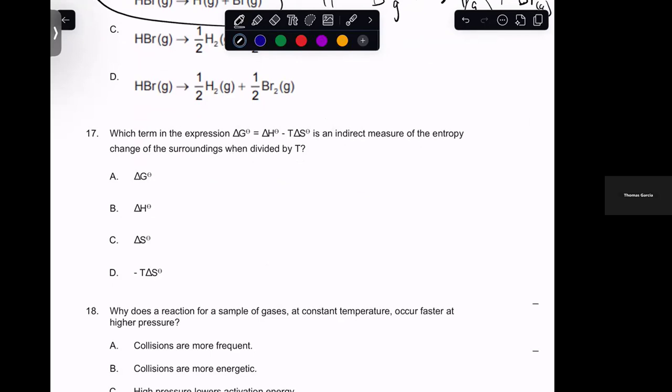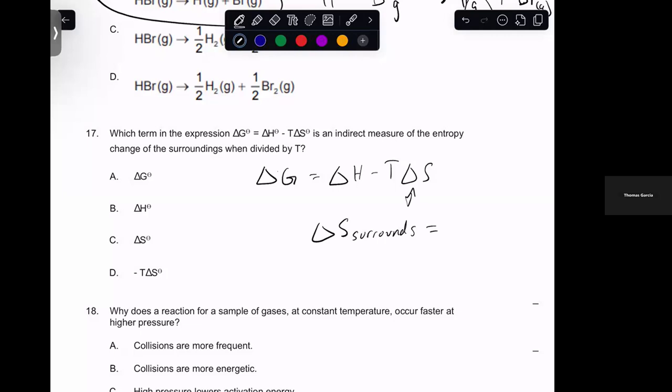So generally what I want to do here is I just want to see what each of them is divided by T. So what I'm going to do is take my equation delta G equals delta H minus T delta S. From this point, we realize that we have to be looking at delta S. Delta S, we actually get our delta S surroundings.